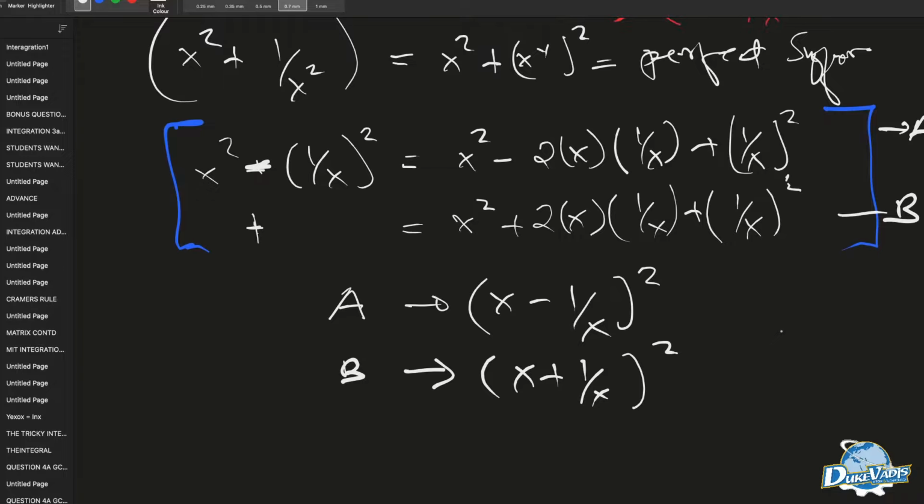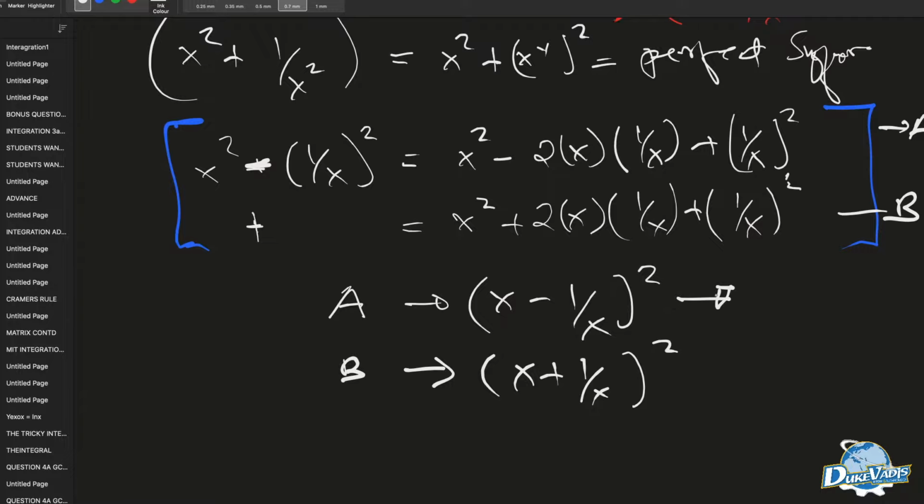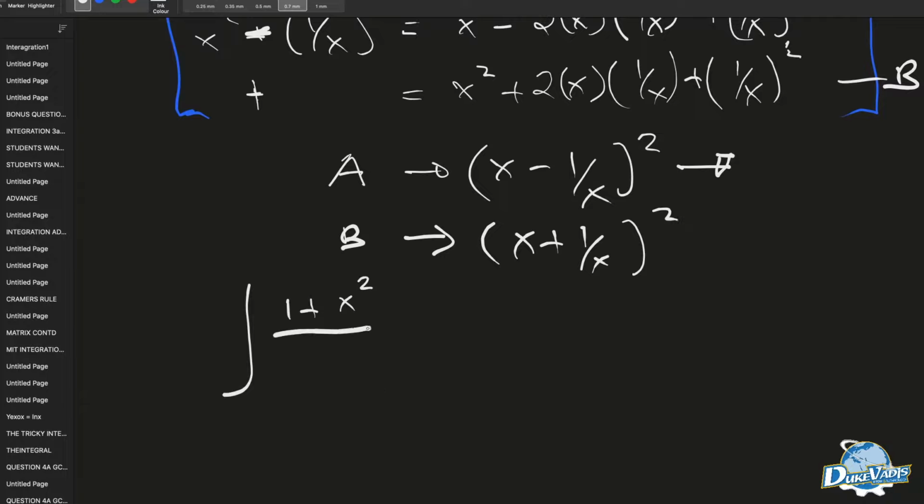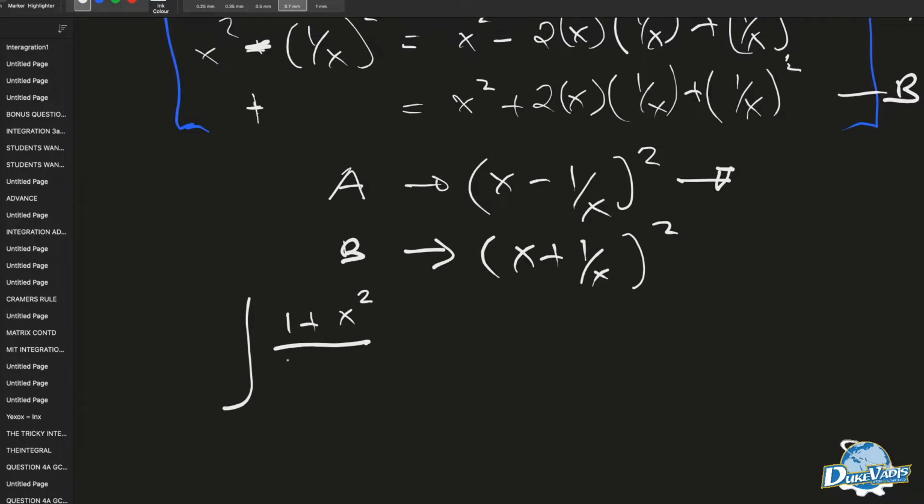For the bottom one we can use this equation, so that our integration will be 1 plus 1 over x squared all over x squared plus 1 over x squared dx.